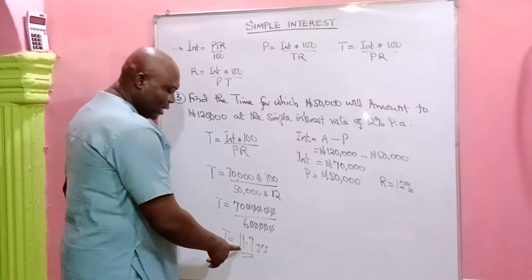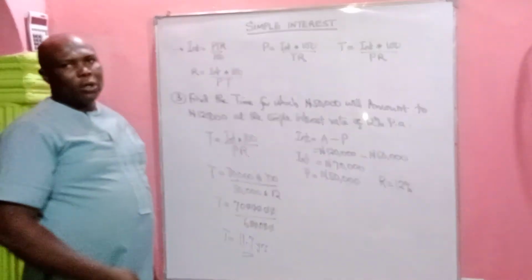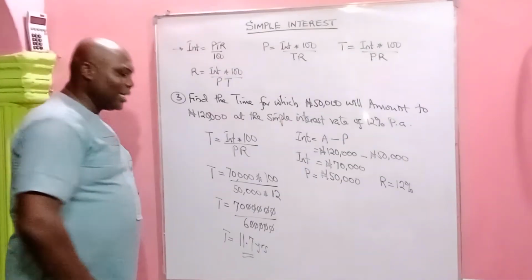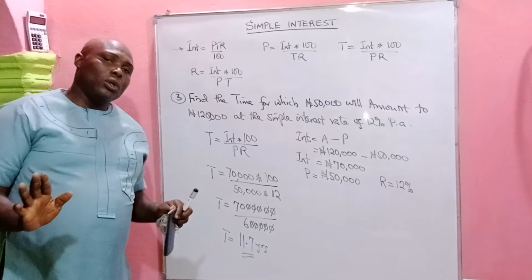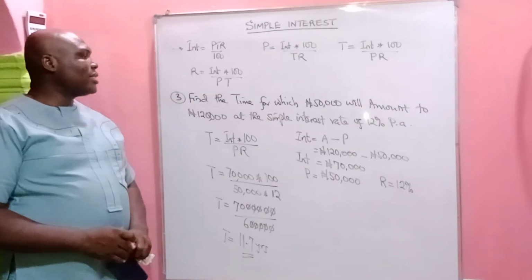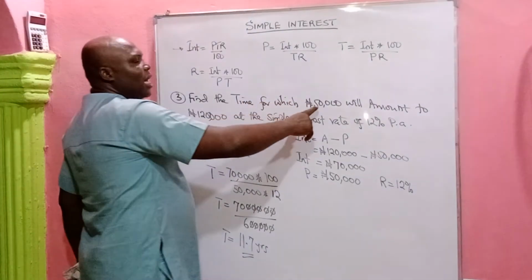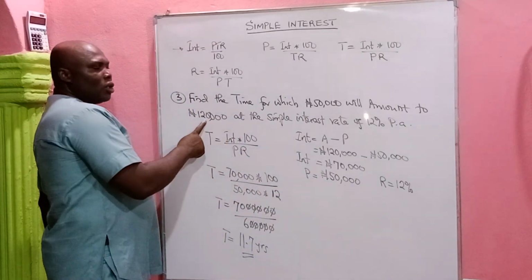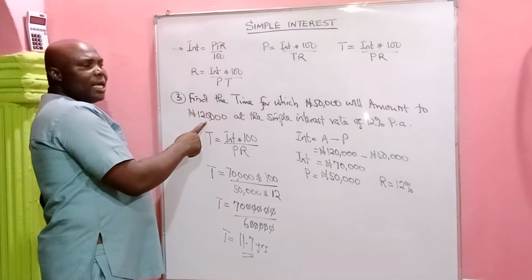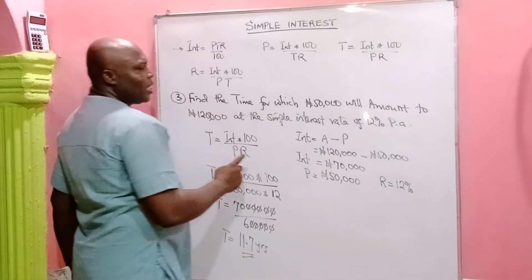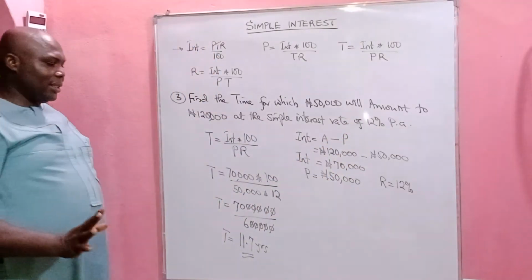So it is 11 years and 8 months. But just simply report it as 11.7 years so that you don't get confused. So that is the time for which 50,000 naira will amount to 120,000 naira if it is invested at a simple interest rate of 12%. It is that simple.